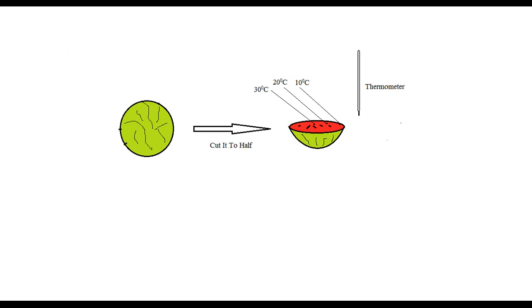So for the central molecules there is more thermal resistance, which is due to the material of the watermelon itself. So the conclusion is that the peripheral molecules are closer to the cold surrounding, so they are losing their heat fast. So the peripheral molecules are cooler as compared to the molecules or grains at the center of the watermelon, because from the center the heat first has to travel to the periphery.